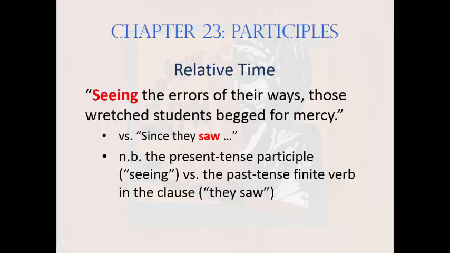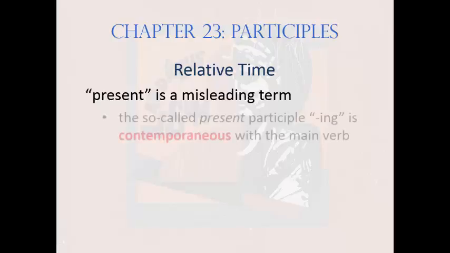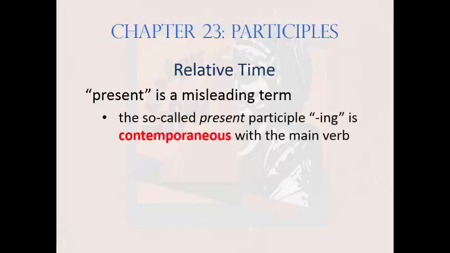That's not a mistake, nor even really a change of tense, because present participles are not necessarily always happening in present time. Present is a misleading and badly chosen name. Present participles should be called contemporaneous participles because they represent the same time as the main verb.